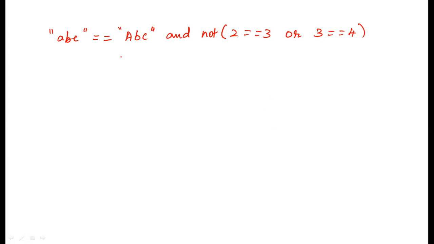Relational operators have the highest precedence. So 'ABC' equivalent to 'ABC', definitely it is false, because capital A and small a are not equal. Then 2 equal to 3 is false, or 3 equal to 4, again it is false.